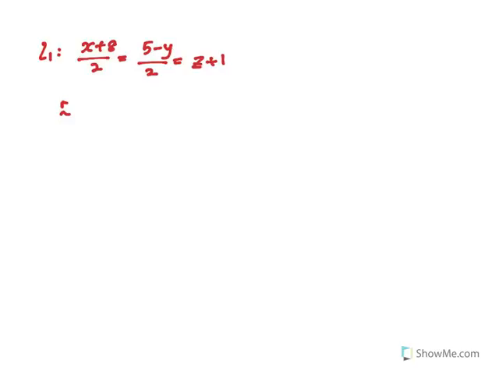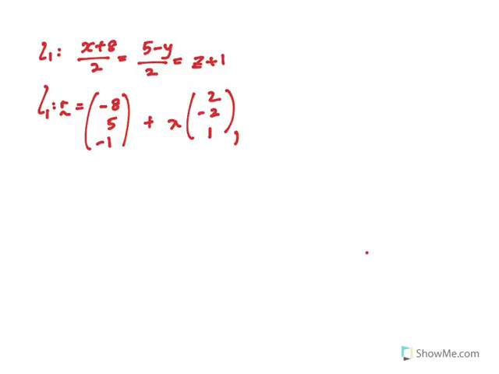We can see that r will just be equal to (-8, 5, 1) plus lambda (2, -2, 1). This will be the vector equation of line 1, and this is the direction vector of line 1.